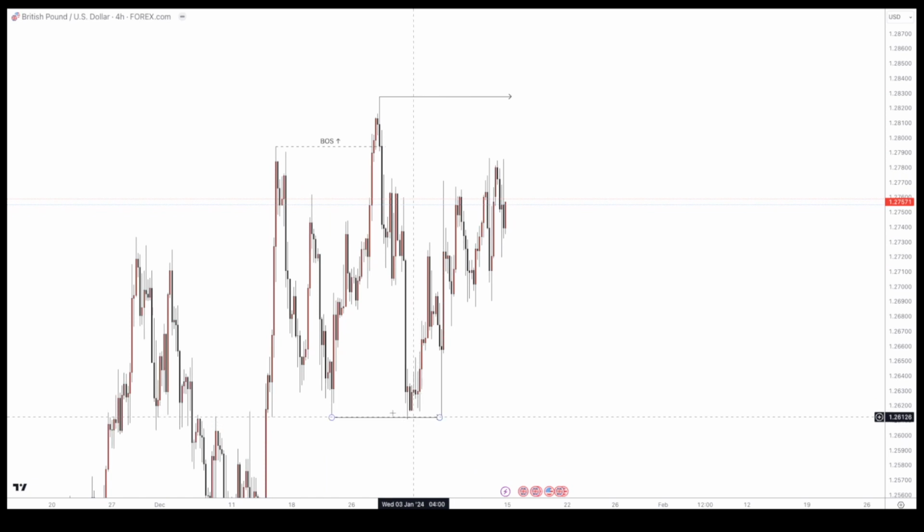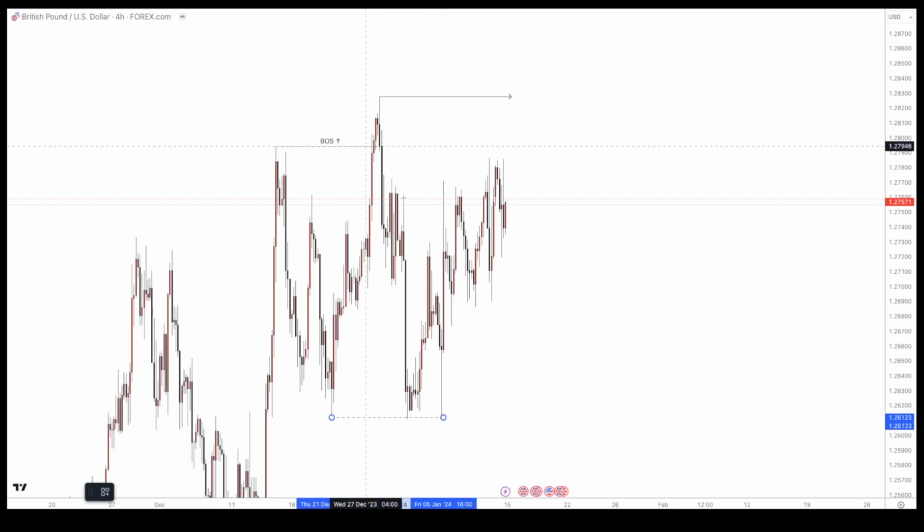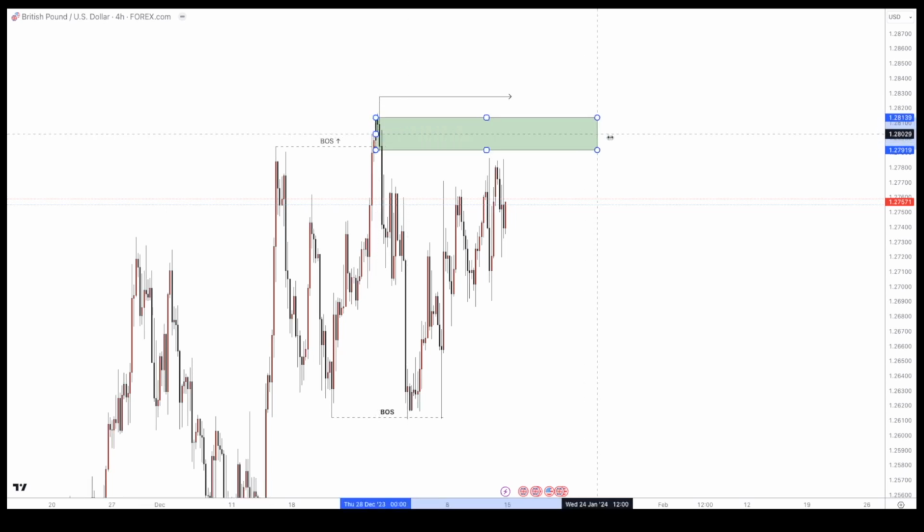So with the wick changing down here, what I will have to do is to also include our break of structure. Now, including our break of structure right here, you can already see that there could be this one big supply zone, and unfortunately price is not stopping in that supply zone, but there is one supply zone at the top, which is here, and that is what I am looking at.